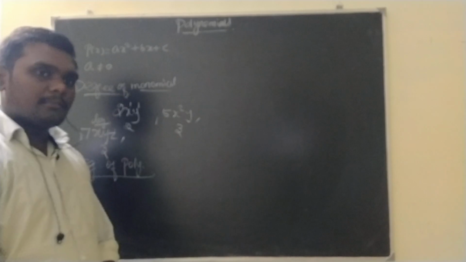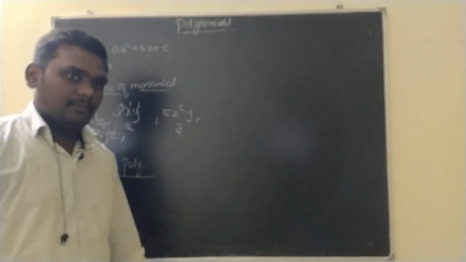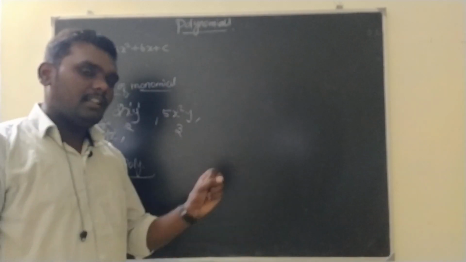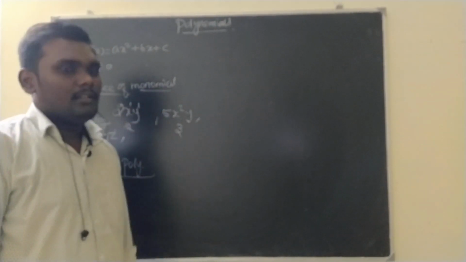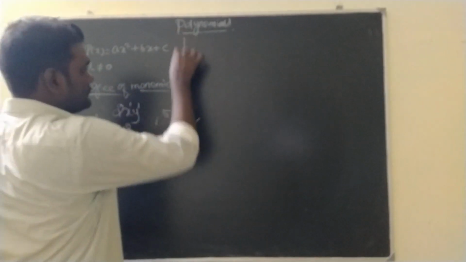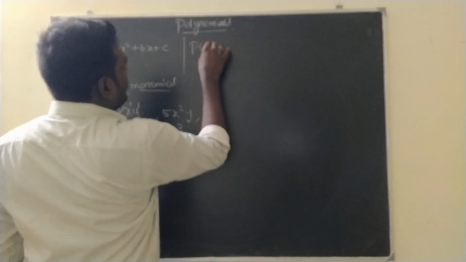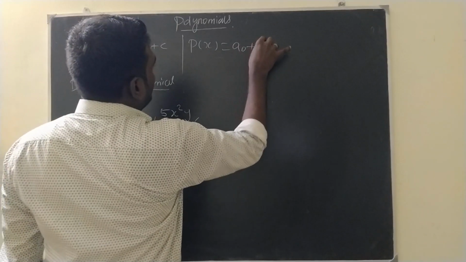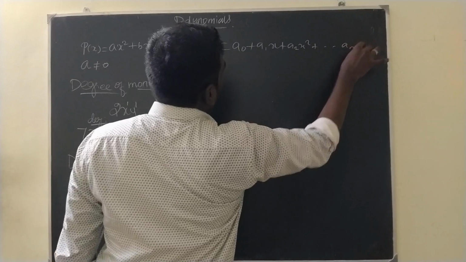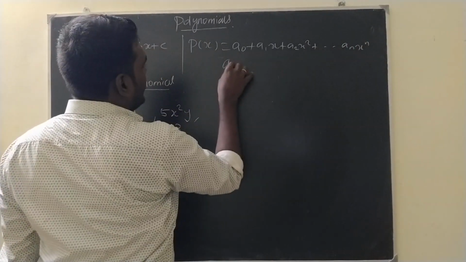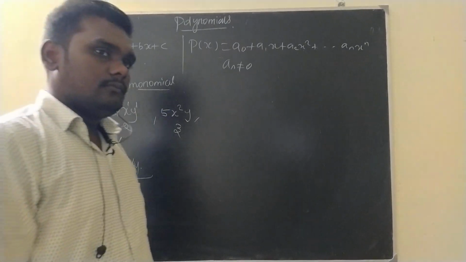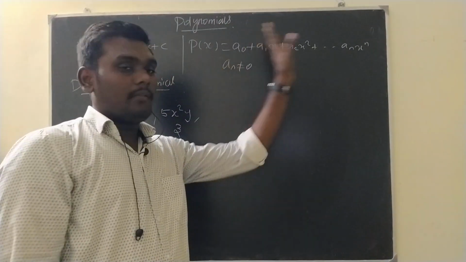Unlike in an algebraic expression, where it can be anything, in a polynomial the leading coefficient should not be equal to 0, and then we name it. And the general form: a0, a1x, a2x squared and so on. In this, the leading coefficient an should not be equal to 0. Okay, that is the general form of a polynomial.